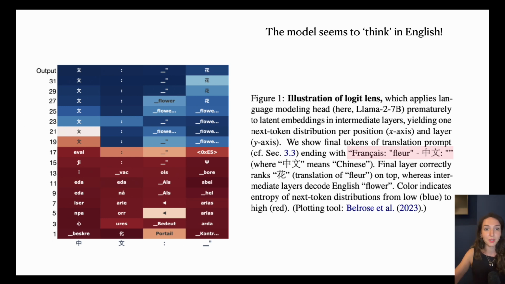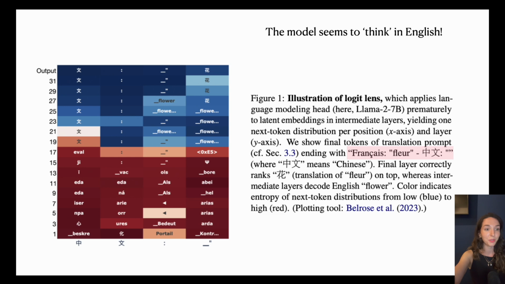So what they do here is they show the model tokens from a translation prompt where they say français fleur, and then in Chinese, they want the model to translate flower into Chinese.